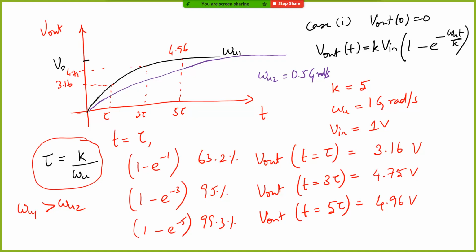Initially we just said that omega u is a constant. But what do we understand here? Omega u plays a very large role in determining how fast your amplifier is going to behave, how fast your negative feedback system is going to behave. If you want really fast response, what is the relationship between tau and omega u?